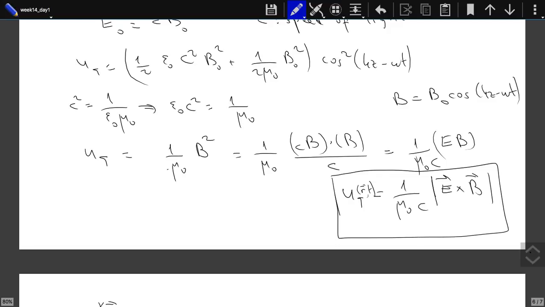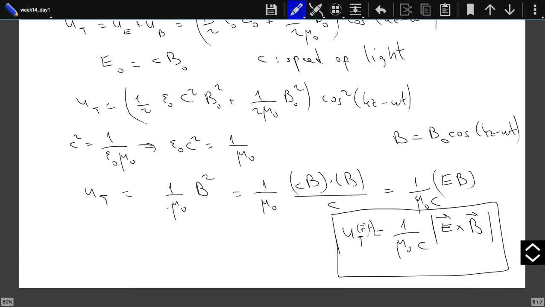I mean, you see, what we know is electric field, we have that relation over there. If you just write in this equation B is equal to E over C, then we have an expression in terms of the electric field. But my point is trying to obtain this relationship, which makes it obvious that if electric and magnetic field, if any one of them is zero, this quantity is zero.